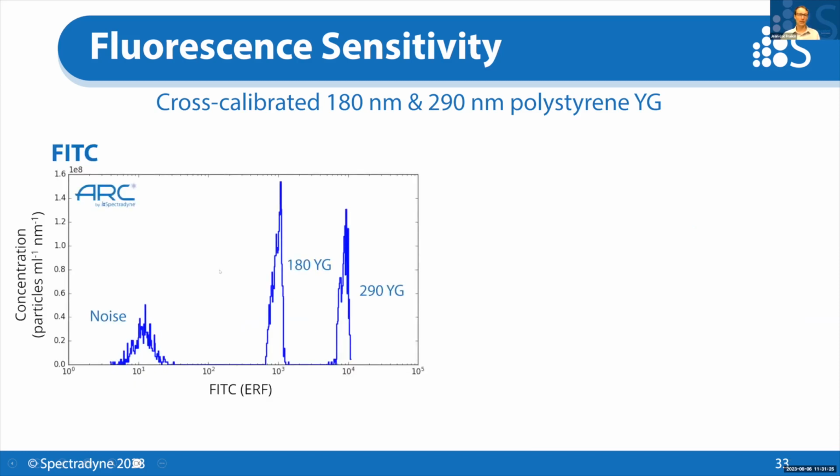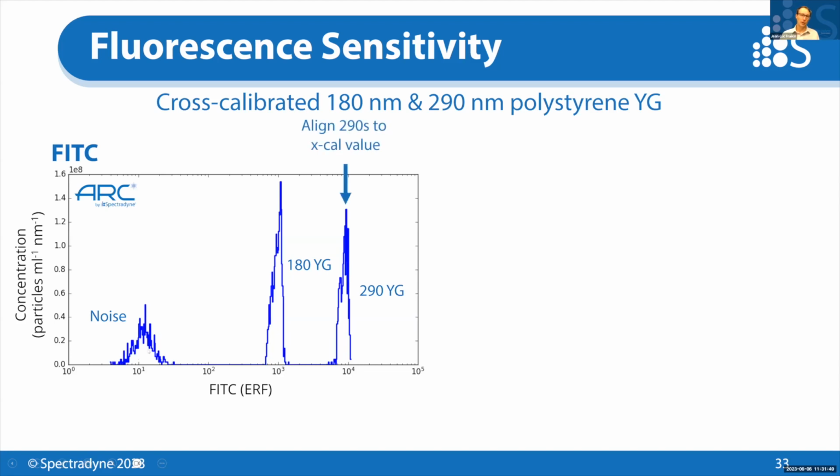Let's look at the brightness distributions of these samples, first focusing on the Phe channel. We're showing the full measurements here. There is a peak in the distribution from the 290 YG beads and the 180 YG beads, and down here is our noise level. We want to measure the noise level, the detection limit.